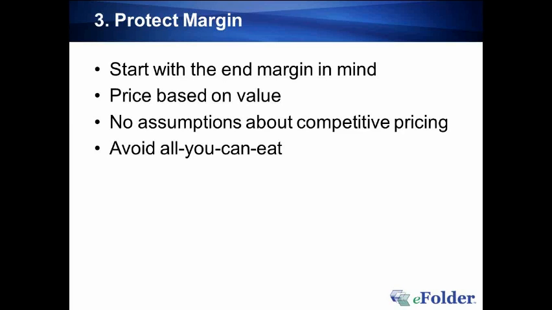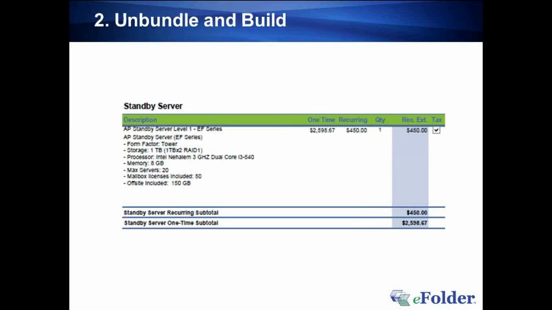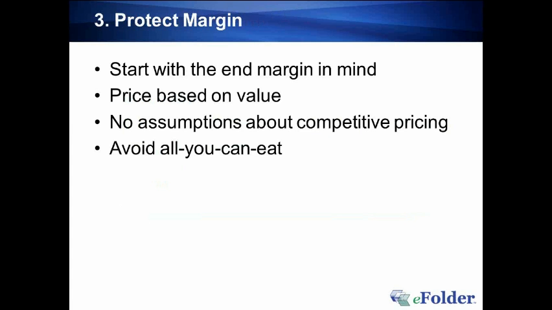So he starts with the end margin in mind. He prices it based upon the value the client is seeking. If the client has low tolerance for downtime, and you can easily quantify what the cost of downtime is to the client, having them pay $450 a month in most cases is not that difficult for him to achieve.